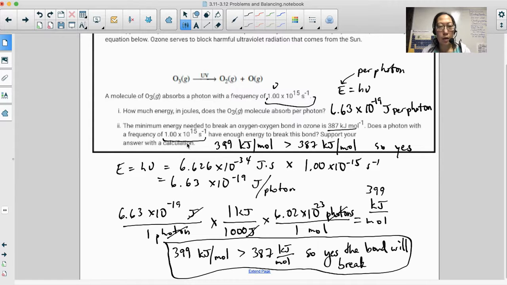Then using the energy of that photon, we can figure out how many kilojoules per mole that is and compare it to the amount of energy needed to break the bond in ozone. We can see that 399 kilojoules per mole is greater than 387. So yes, this photon, if it hits a single ozone molecule, will break an oxygen-oxygen bond in ozone.